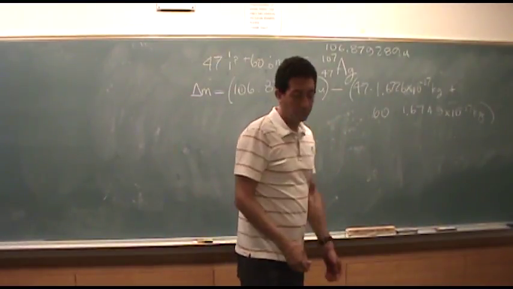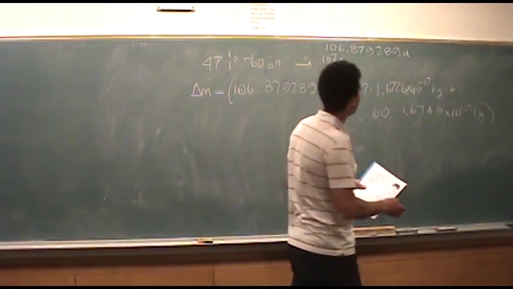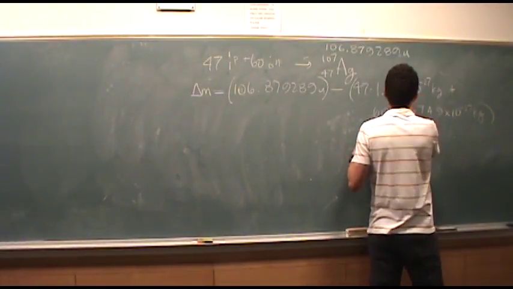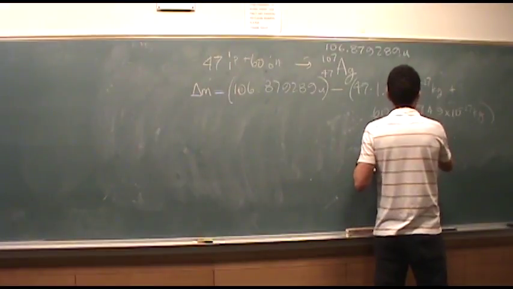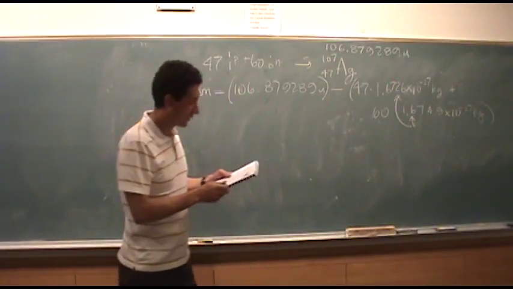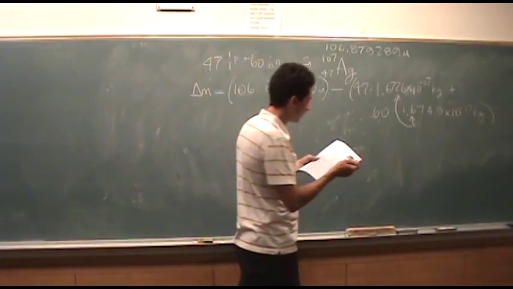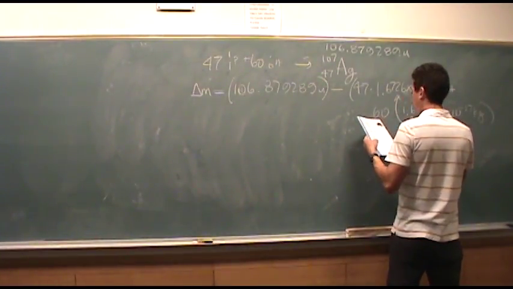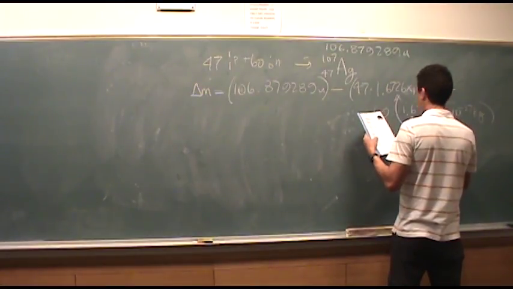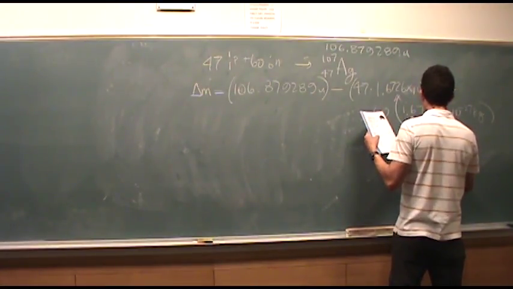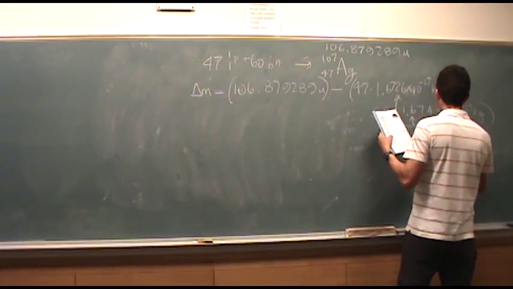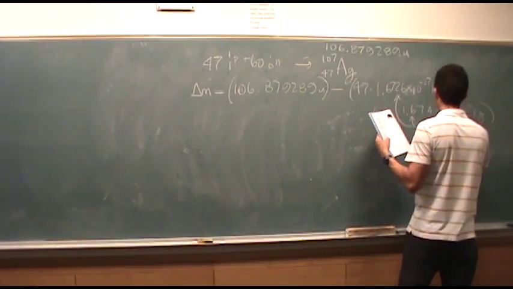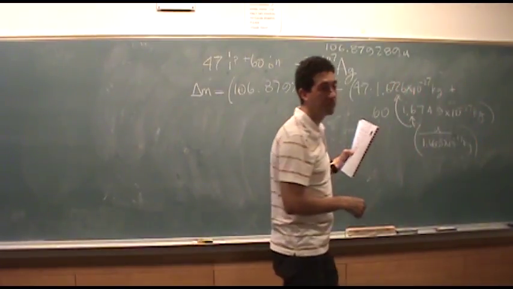You need to convert both of these to U, because this is in U and that's in kilograms. The conversion is also given right here. You divide by 1.6605 times 10 to the minus 27 kilograms per U, and you do that for both of them.